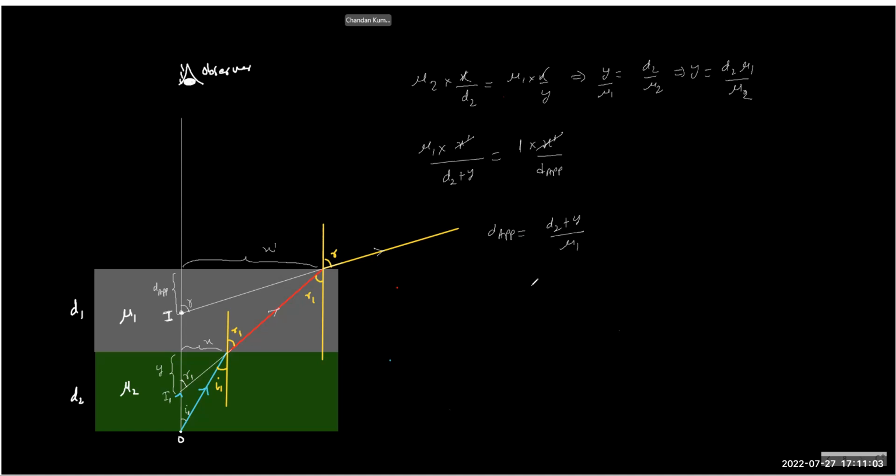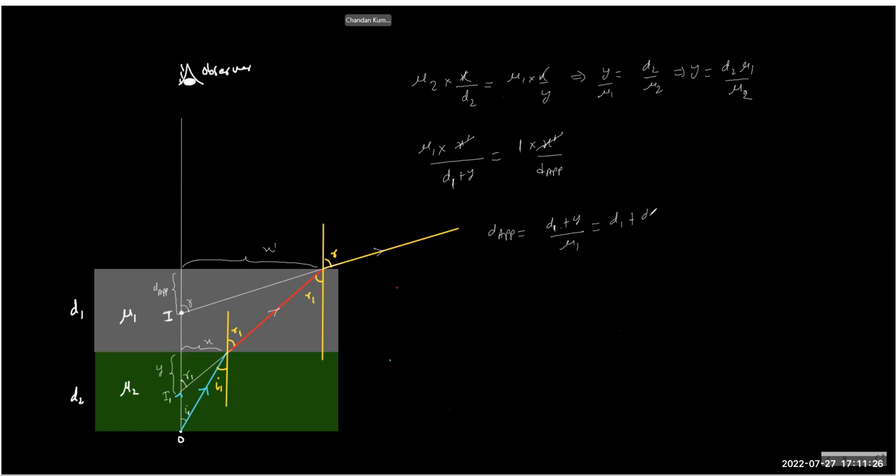I have made some mistake. No, this is d1 plus y. So d1 plus y, right? So we got the y value.